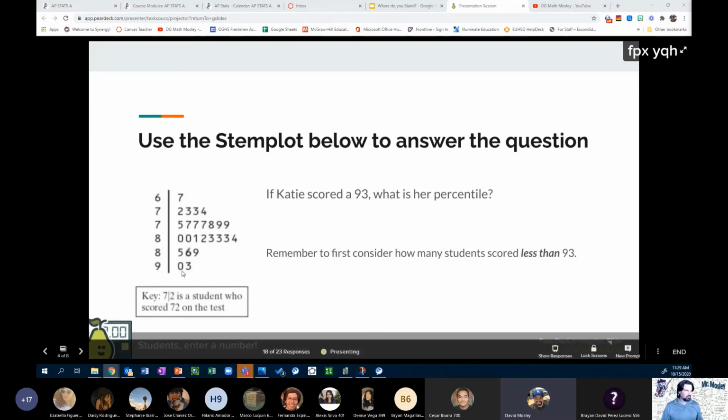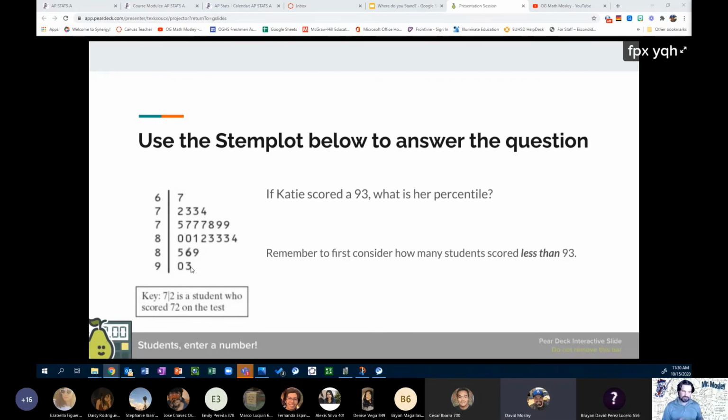We're considering the biggest value in our stem plot, which is 93, which means there's 24 scores less than 93. So we take that 24, divide it by the number of observations of 25, and we get 0.96. Move that decimal 2 spots to the right, and we get 96%, which means the score of 93 is at the 96th percentile.